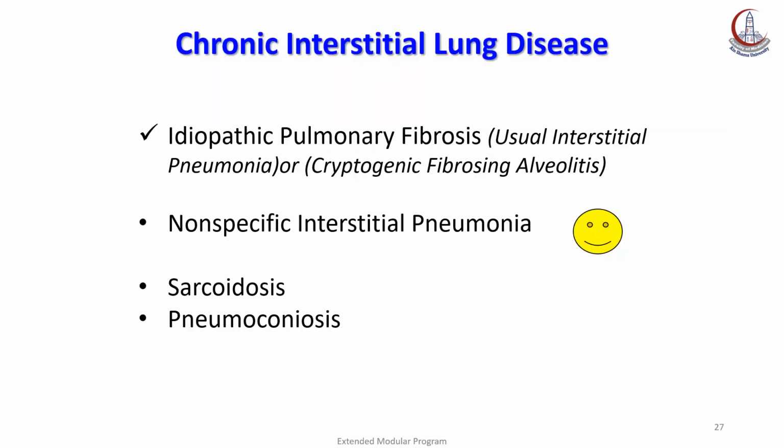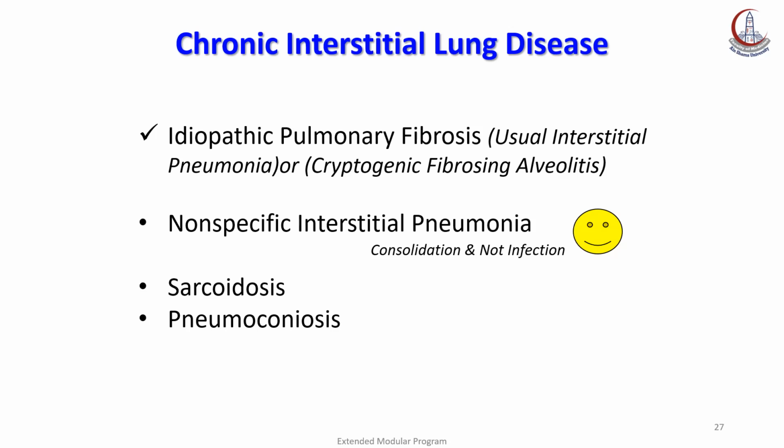Chronic interstitial lung disease. We have taken idiopathic pulmonary fibrosis, and now we will take non-specific interstitial pneumonia. The word pneumonia here means consolidation. Consolidation means that instead of being spongy, as normal lung is a spongy tissue, it will be solid like liver.